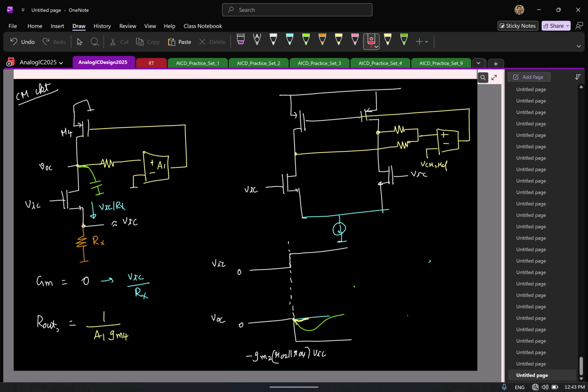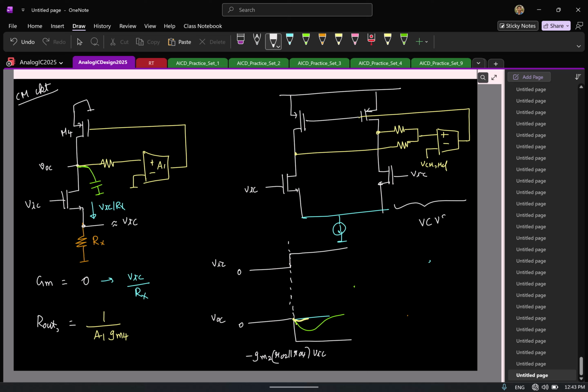At the output, it is trying to keep what equal to what? I mean, the feedback loop is trying to keep what quantity equal to what quantity? This VOCM equal to? So the output is a voltage quantity or current quantity? Voltage. And we are sensing voltage or current here? So what kind of feedback loop is it? Which means it is trying to mimic what kind of controlled source?